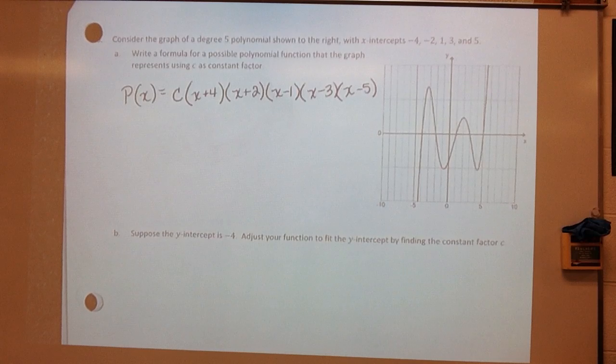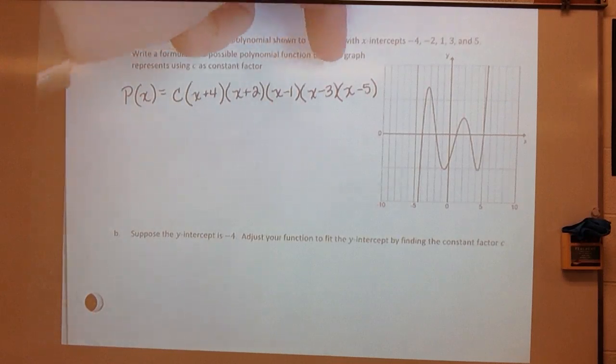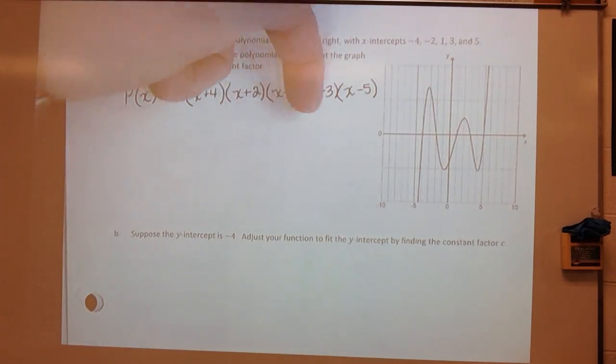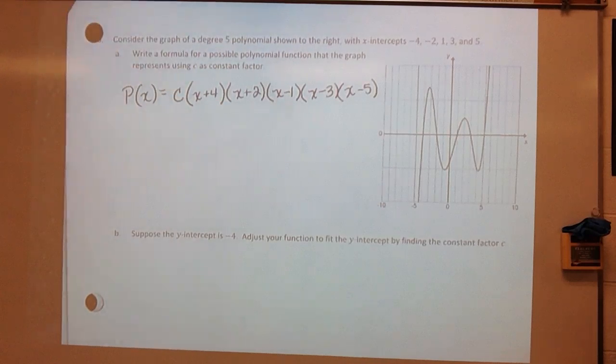We already know this is probably not the only function that we can write, but it is one possible polynomial function with all of my zeros, and C is a constant factor. In other words, it's being multiplied by the whole entire thing.